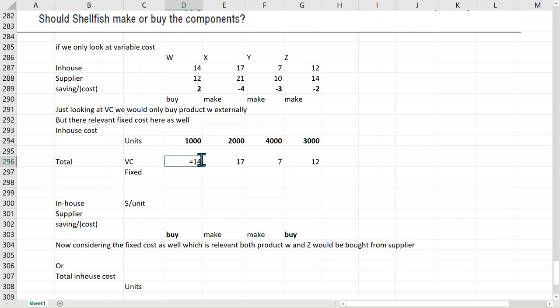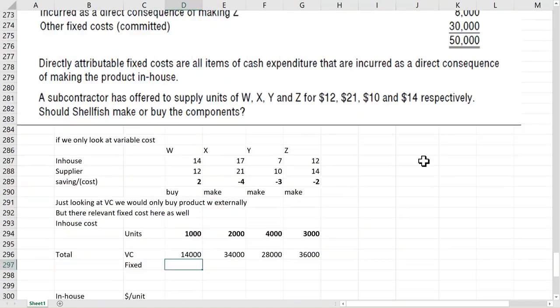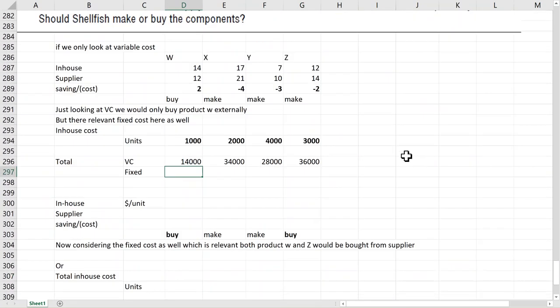First, let's look at it total. So total variable cost. So usually we look at per unit cost like here, but because now fixed cost is involved, we will look at the total cost.